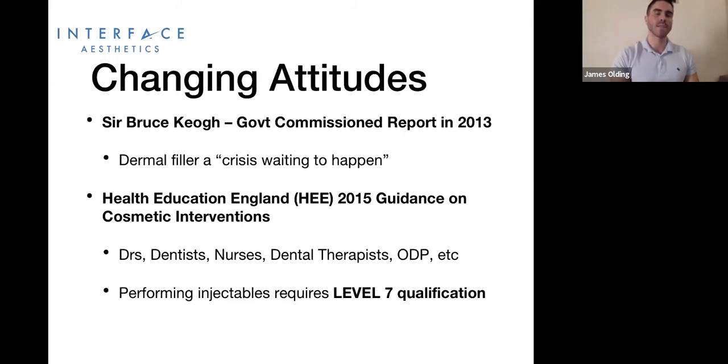What level 7 means is that they should have carried out a postgraduate level qualification in that area. And there is a level 7 certificate which came out of these recommendations that is now provided by aesthetic trainers. Level 6 basically means a healthcare qualification such as dentistry, medicine, or nursing. So anyone who then graduates from those degrees is then eligible to go on to perform these treatments.